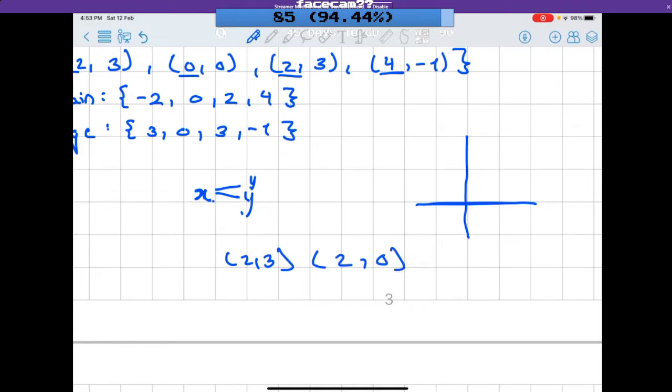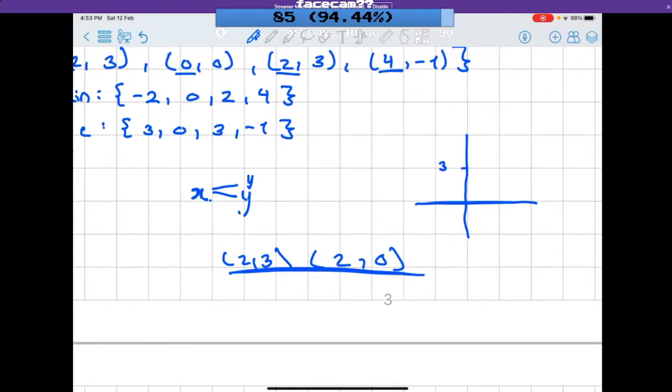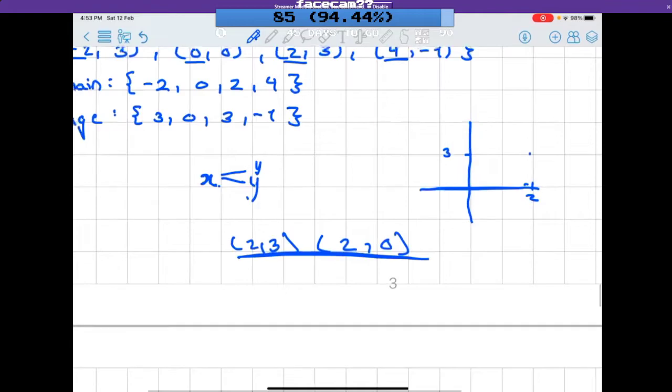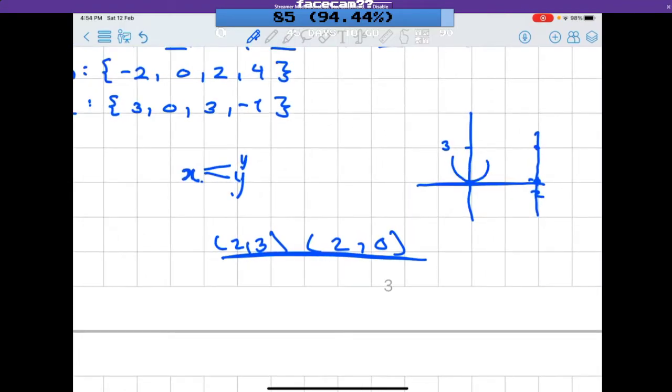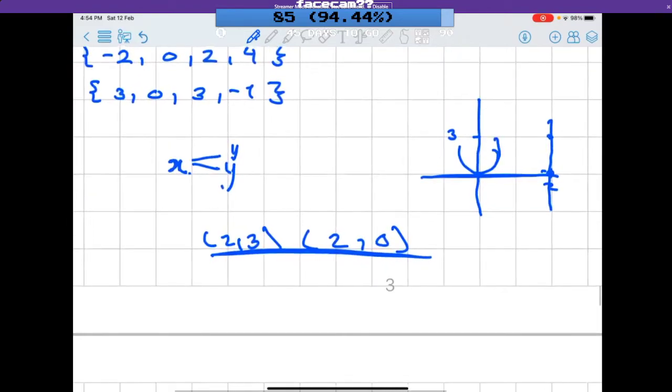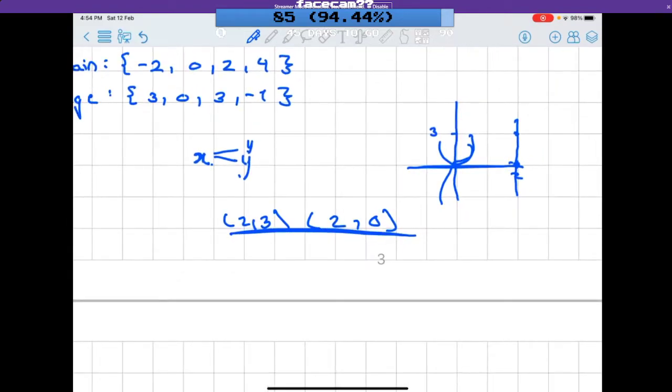The reason why this is not a function is because if we graph it, we have 2 and 3 and 2 and 0. It creates a straight line, which means that the value is undefined. It gave us a vertical line. So this is not a function, okay? It's not specifically a straight graph. We see graphs that could be curved, they could be going like this, right? So that's why you cannot have two x values that are the same, okay?